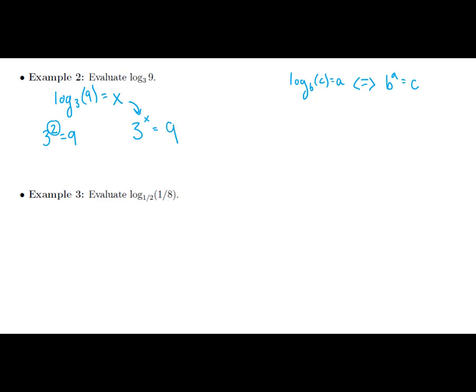And then if I look at it this way, it's also clear that if I put x equals 2 in here, I will make 9. So x equals 2, and regardless of how we approach it, the answer is 2. So we say the log base 3 of 9 equals 2 because raising 3 to the second power makes 9.